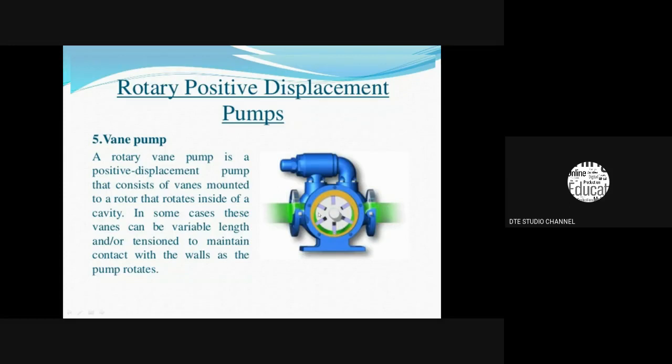Whereas for another half rotation, volume is gradually decreasing between the rotor and casing, and pressure gradually increases. So at the outlet of casing, pressure is very high. This is about the construction and working of vane pump.